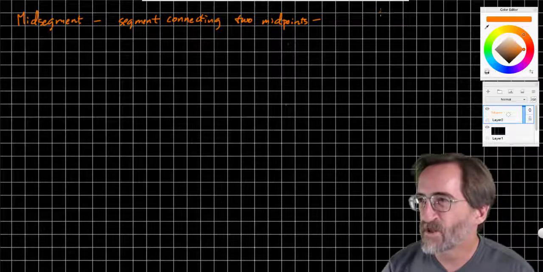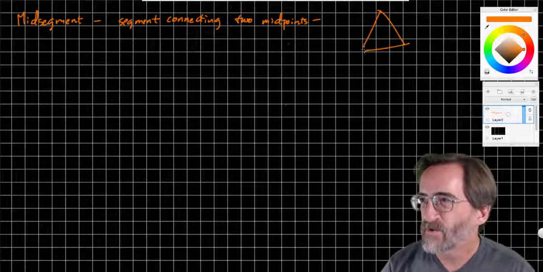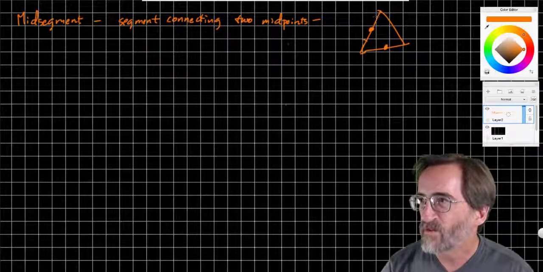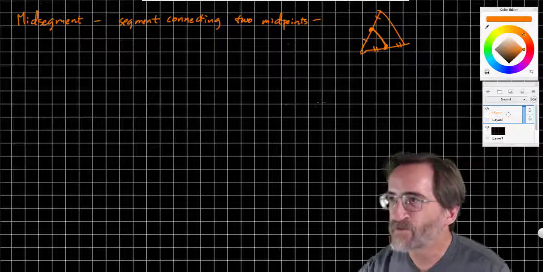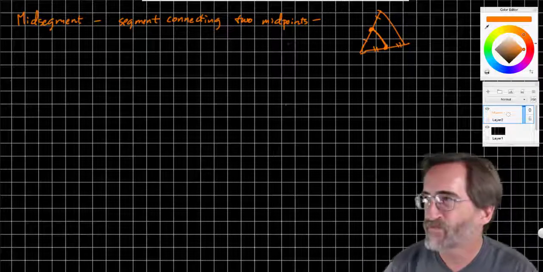I'm going to sketch a triangle, sketch the midpoint of one side and the midpoint of the other side. We'll mark that that's the midpoint by indicating what segments are congruent. And the mid-segment connects those two midpoints.